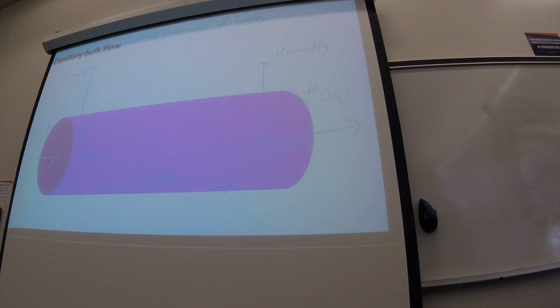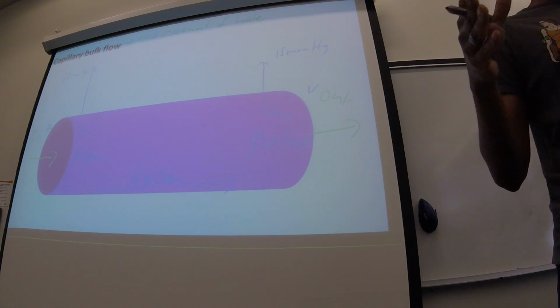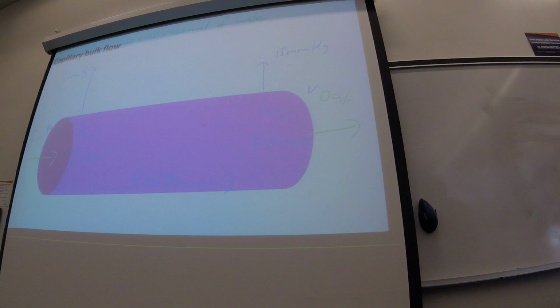So as we move along the capillary, water is being pushed out due to this hydrostatic pressure, but that hydrostatic pressure is decaying as you go down the capillary. This is representing the decay in the hydrostatic pressure. Everyone still with me? Okay.